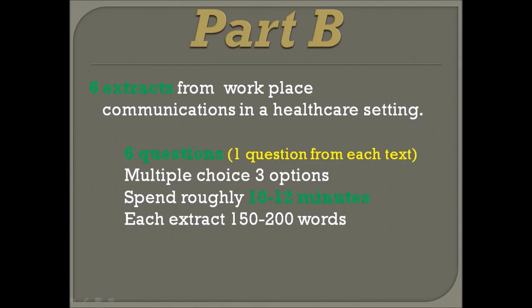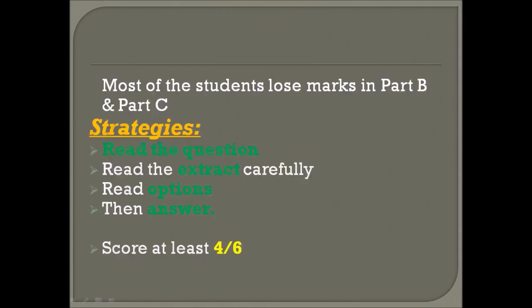Let me tell you some strategies about part B in this slide. Most of the students, as I have already told you, lose marks in part B and part C. So let me discuss some strategies so you can really improve your score in part B. First of all, keep in mind, don't read the passage first, just read the question.